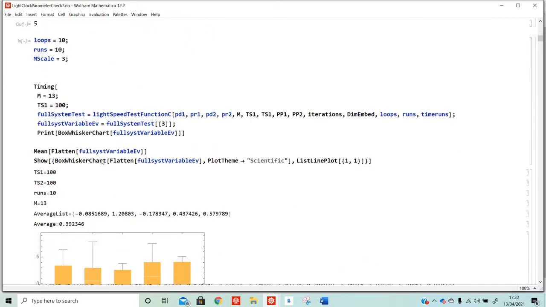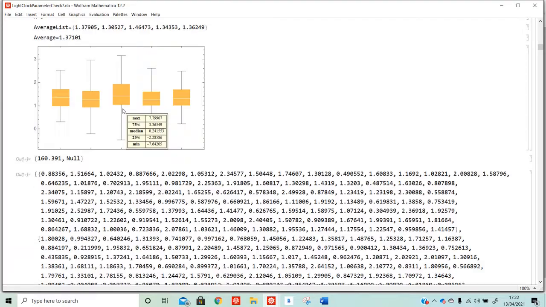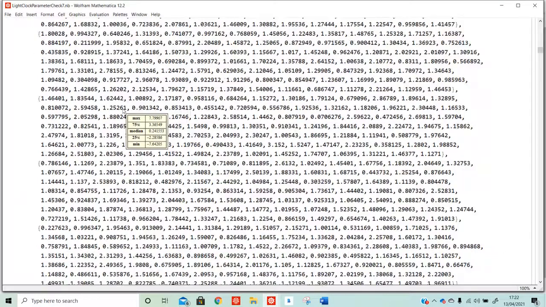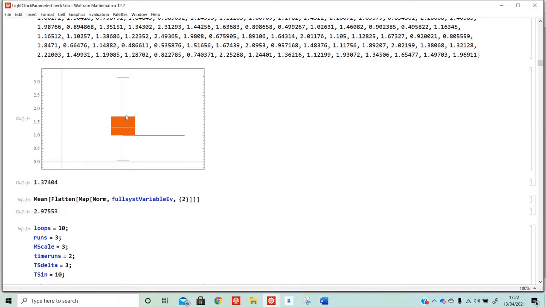As we change the parameters, we might increase TS1, which is the time that the system has been allowed to evolve. And we get values here. Actually, I am not considering the negative velocities to be normed, or absolute values, and that's what I start to do here.